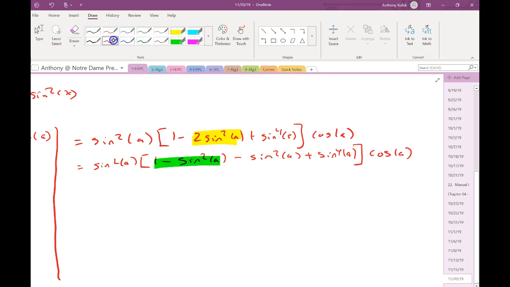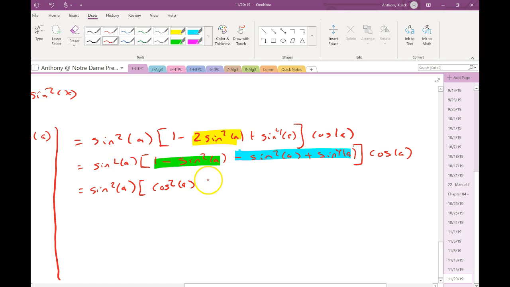This part, what does that turn into? That's going to turn into cosine squared. And this part, I'm going to factor a sine squared off of. And in fact, I'm going to take a negative sine squared off. Okay there?